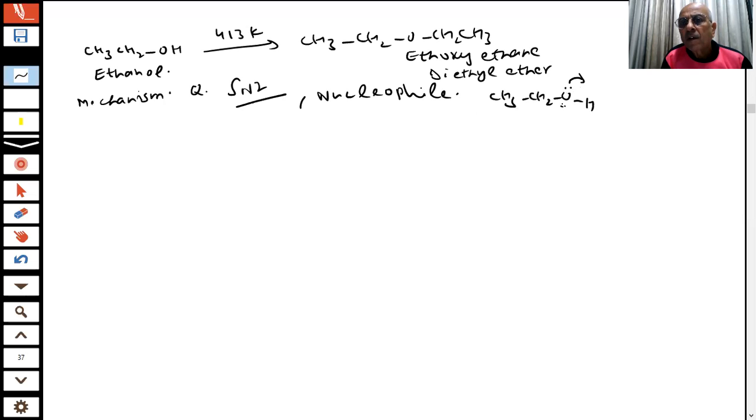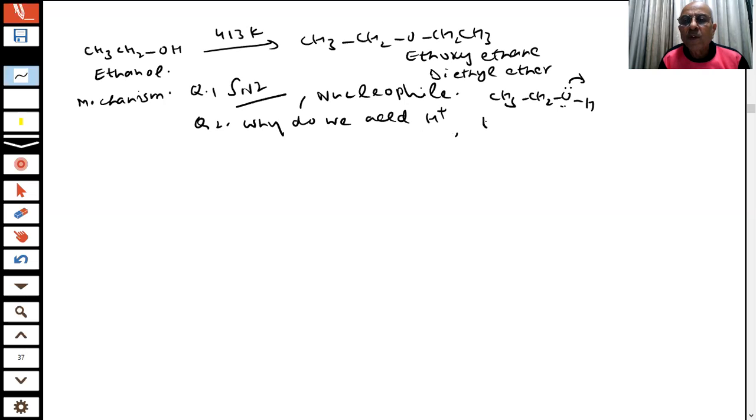See this. This is acting as a nucleophile. It has a lone pair of electrons. But where will it attack? The electrophilic carbon. So why do we add acid? Question number one, question number two. Why do we add acid, H plus? What is the role? If I don't add acid, then the carbon will not be electrophilic.